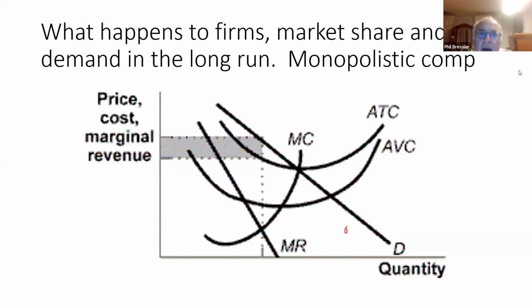All right. In monopolistic competition, what's going to happen to market share and demand in the long run? Take a minute and think what's going to happen to market share and demand in the long run.